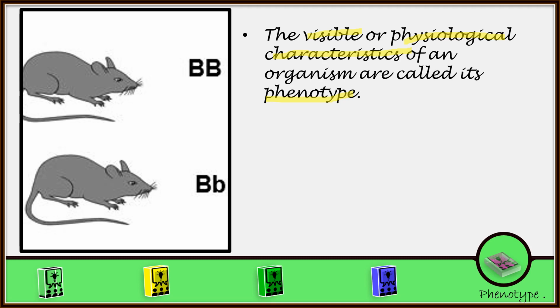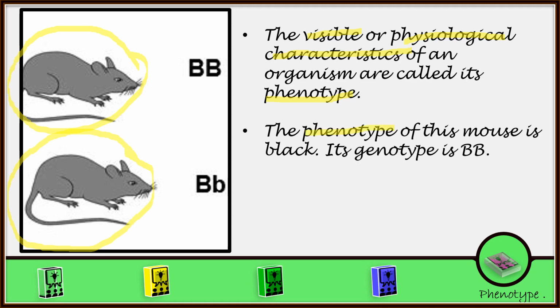For example, the appearance of this rat is black. Therefore, its phenotype is black coated. And this one is also black. Therefore, its phenotype is black coated.